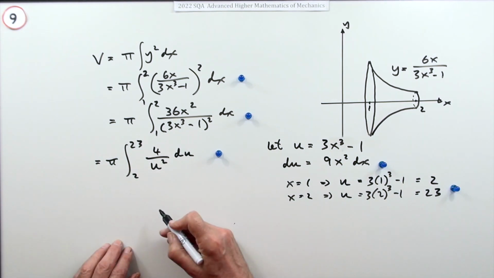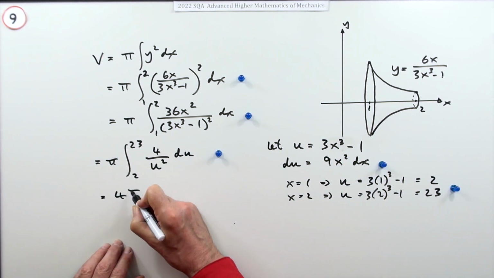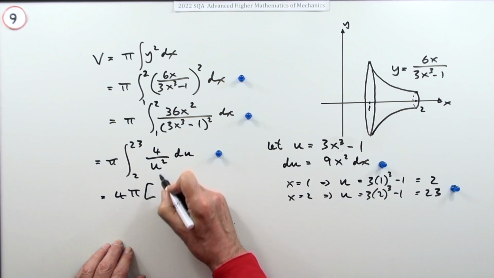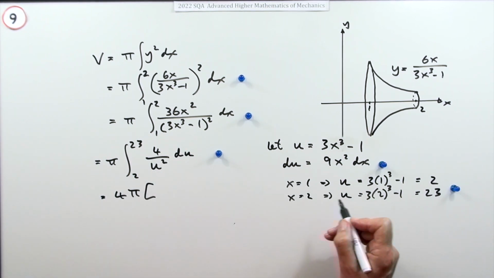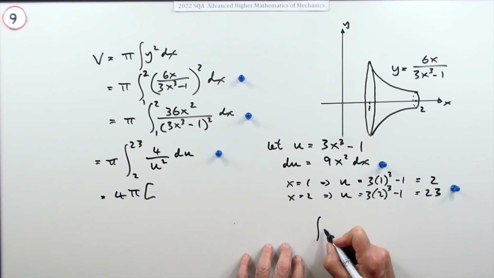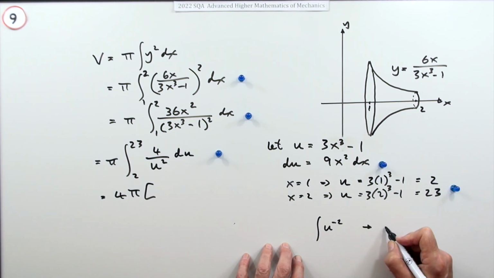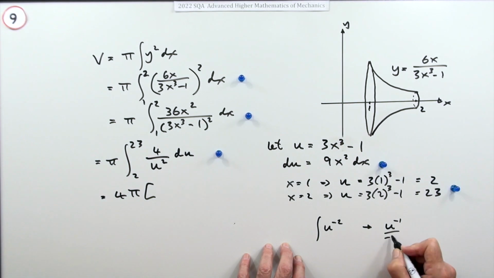Right, well that 4 can pop out, so I've got 4 pi. So you're just left with 1 over u squared. Now you could rewrite that as u to the negative 2, and then go to u to the negative 1 divided by negative 1.